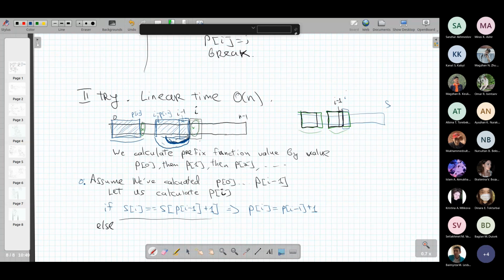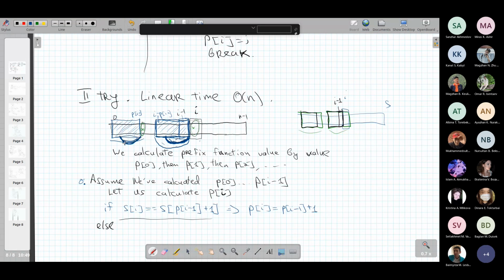So the next candidate will look something like this, but that is actually the suffix of that string, right? Then we can find the copy of that here.